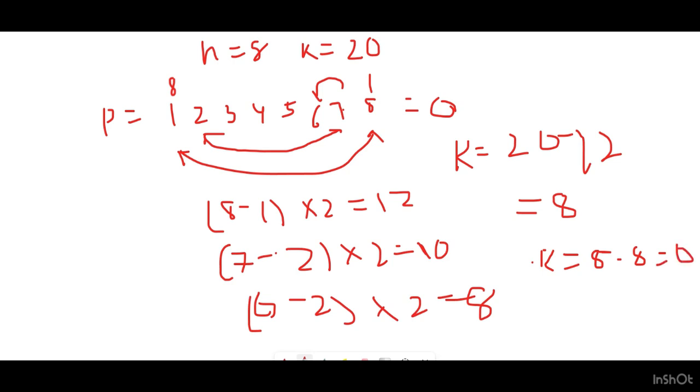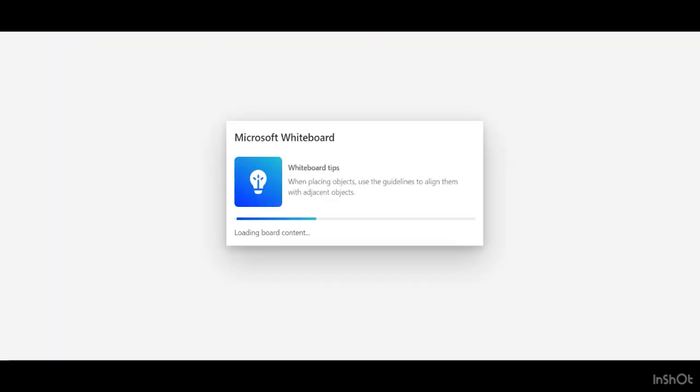So what I will do is use the two pointers method to solve this problem. I will maintain two pointers at the start and end. First here and second here. When we swap these numbers, we will update k accordingly.